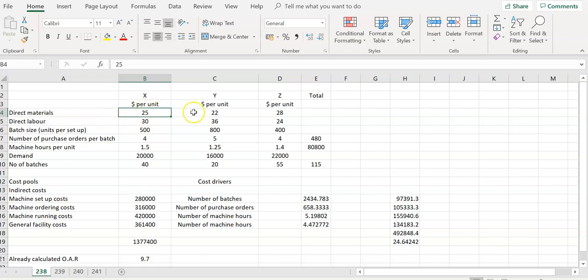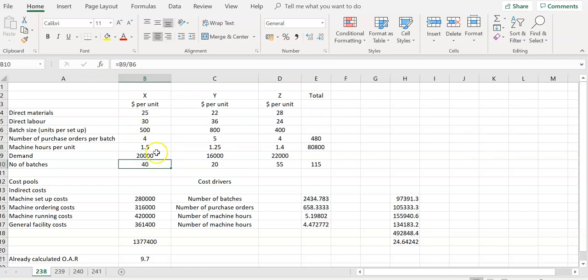You can see what I do here is lay out my information again. I have everything out, and then I have the machine hours as well given to me, and I put in the demand. The very first calculation is to calculate the number of batches.